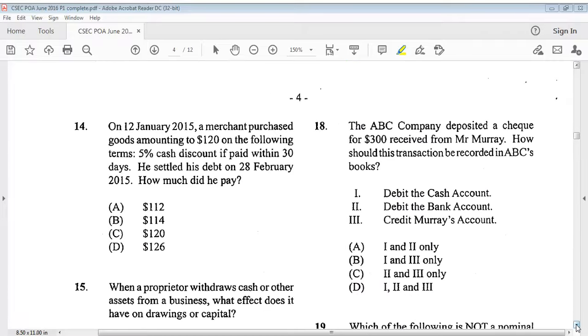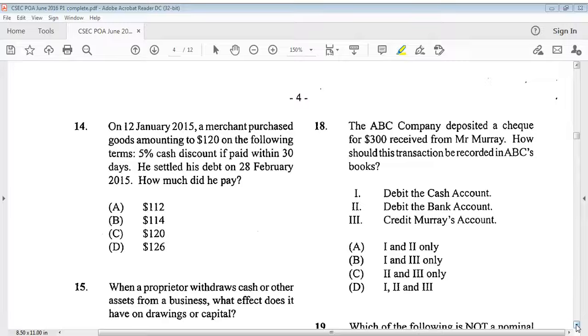14 says, on the 12th of January 2015, a merchant purchased goods amounting to $120 on the following terms: 5% cash discount if paid within 30 days. He settled his debt on 28th of February 2015. How much did he pay? Notice it says he paid $120, with a 5% cash discount if paid within 30 days.